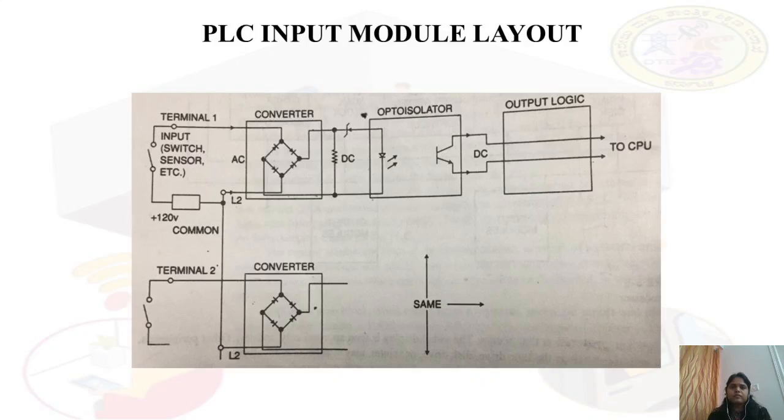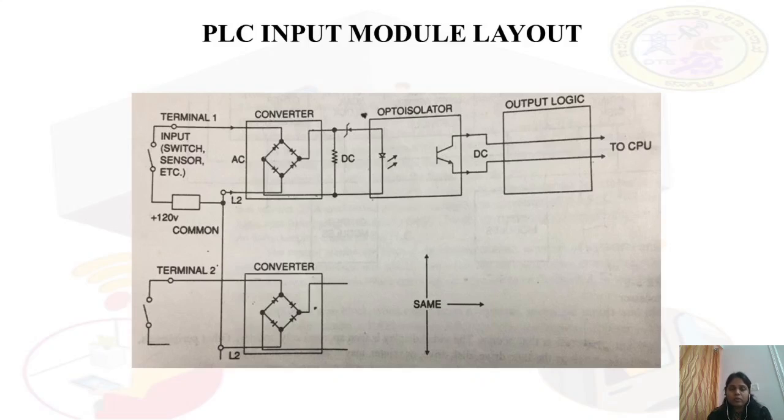Understood? So what is this PLC input module? What exactly does it do? Now we will see here. If you see the diagram, first these are the input signals, that is your sensors and switches. Here this is the input, that is switch, sensor, etc. Here it may be plus 120 volt.